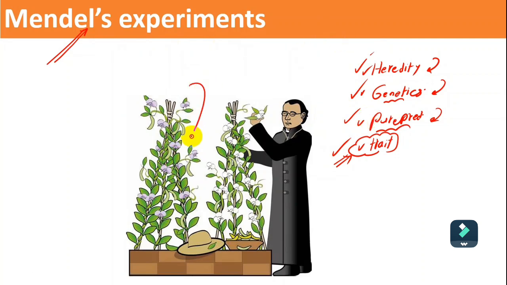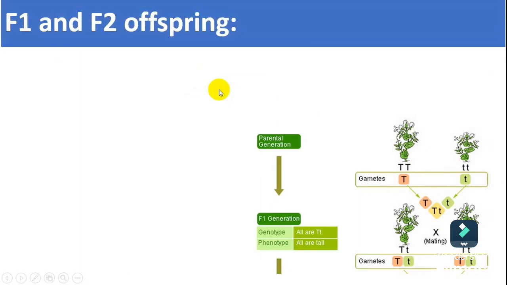If you look at this plant, it is a pea plant. The pea plant is the plant that the scientist Mendel studied to establish his results to study genetics. So first of all, we have to know what is meant by F1 and F2 offspring.